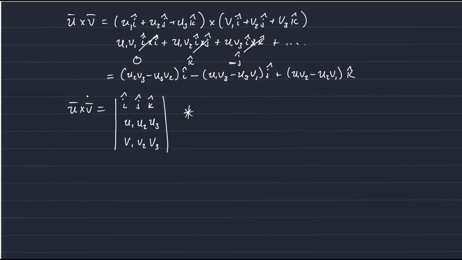So this is a very effective way of remembering how to do the cross product of two vectors, again using the Cartesian right-hand coordinate system. And it's specific to that Cartesian coordinate system.